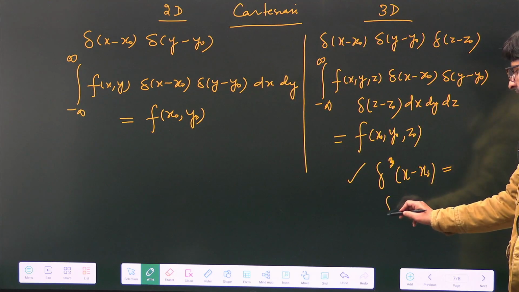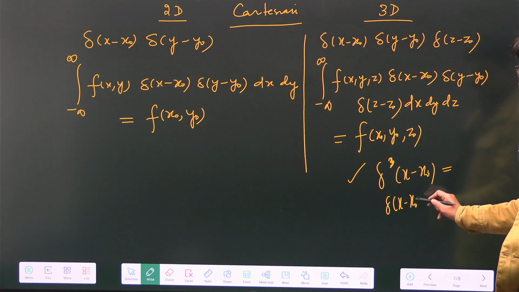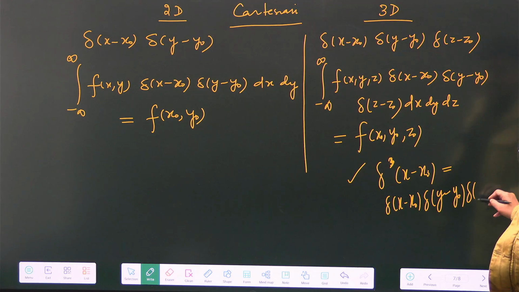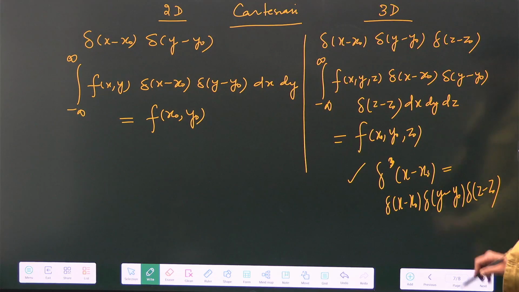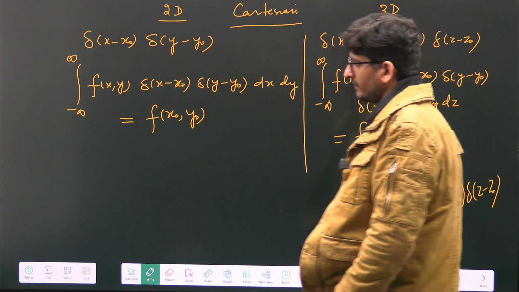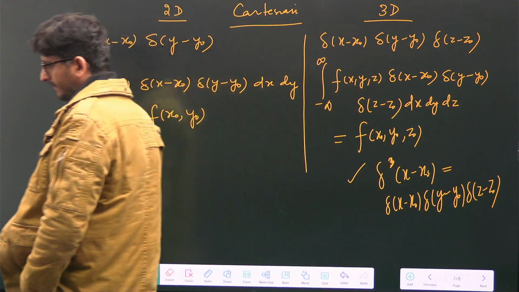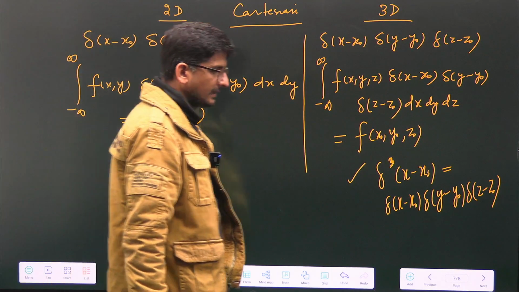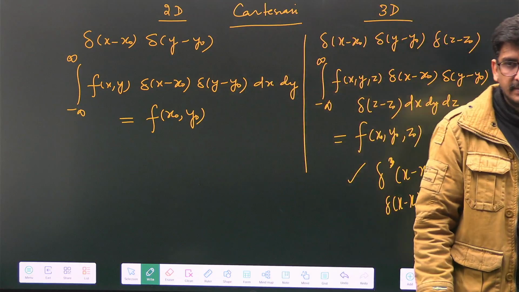This is equal to del(x minus x naught), del(y minus y naught), del(z minus z naught). ठीक है भाई? और यही चीज यहां तक क्लैरिटी है सबको? इज इट क्लियर?